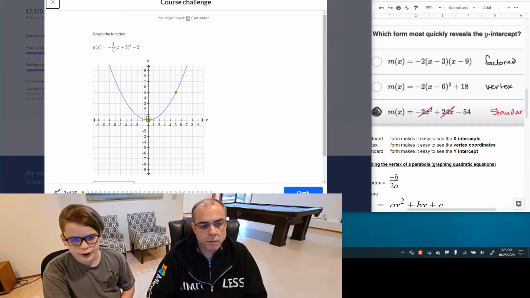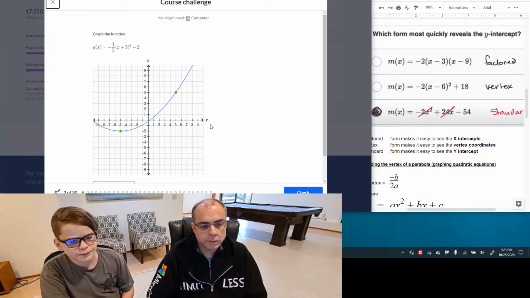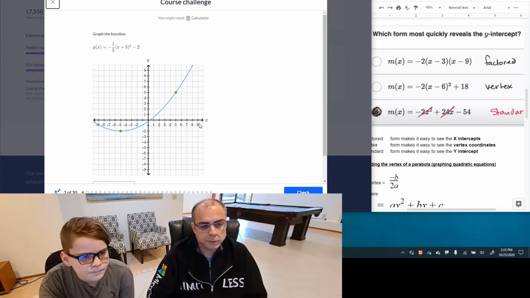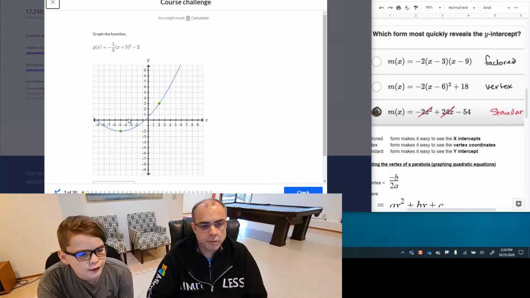The x of the vertex is minus 5, and the y of the vertex is negative 2. Now we just need to plug in coordinates and see if they work.